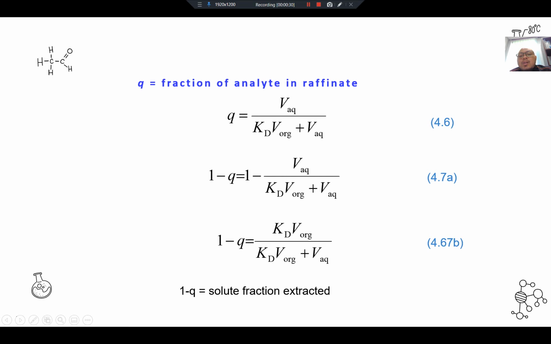So this is how you can calculate the fraction. Let's say you want to calculate the fraction of analyte in the raffinate. Or you want to calculate the fraction of analyte in the desired solution, for example in the previous example in the organic phase. So 1 minus whatever you get over here. How to derive to over here, I'm not really sure, because it's kind of complicated.